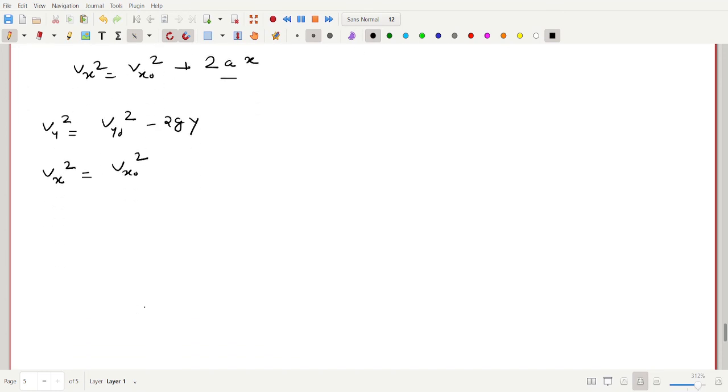So you can calculate. So there is a problem for using this formula.